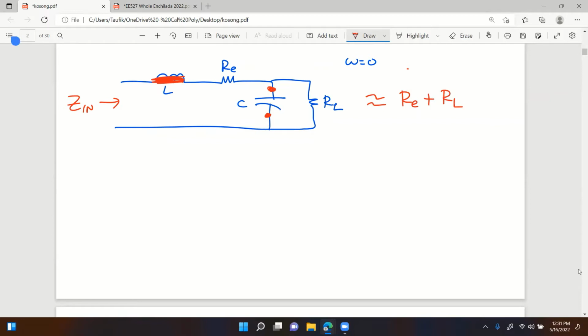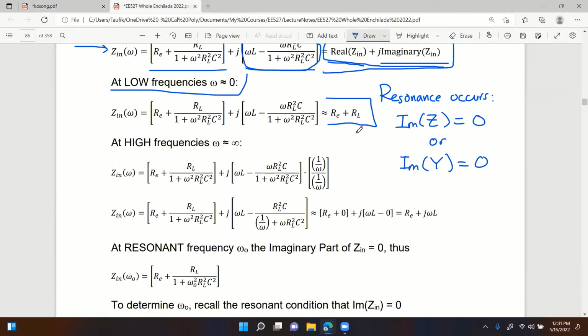Okay. Any questions on this? So this is in agreement with what we would get if we were to do it using circuit analysis, right? Okay. What about at high frequencies?